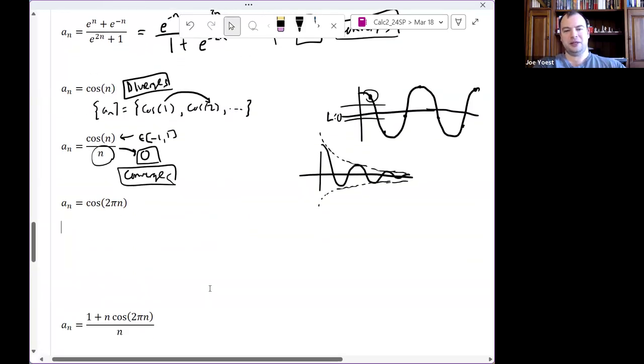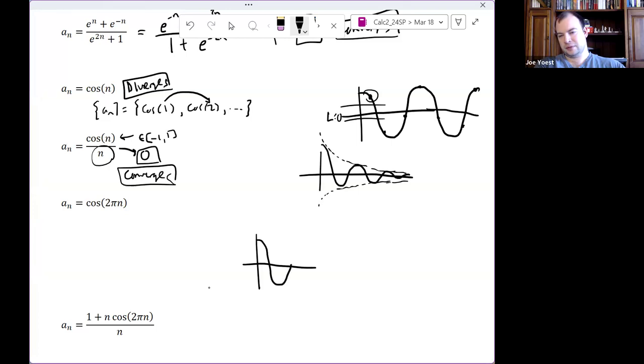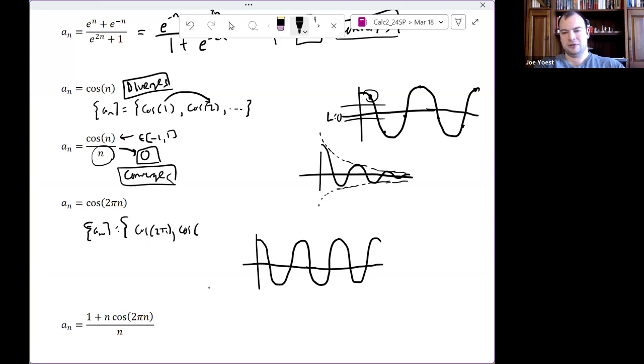What about something like cosine of 2 pi n? So my sequence now looks like, or sequence a_n looks like cos of 2 pi, cos of 4 pi, cos of 6 pi, and so on.